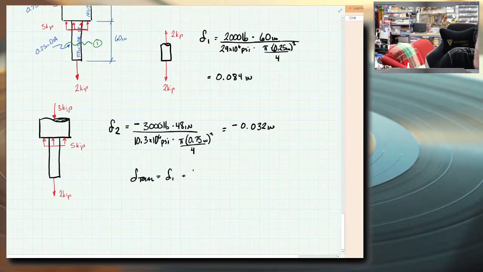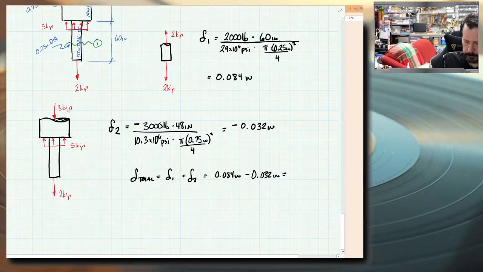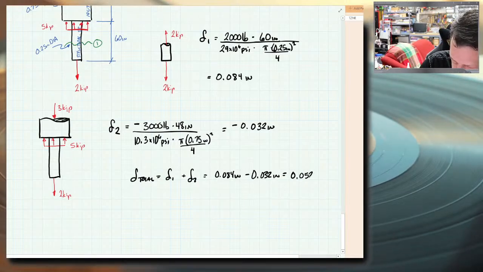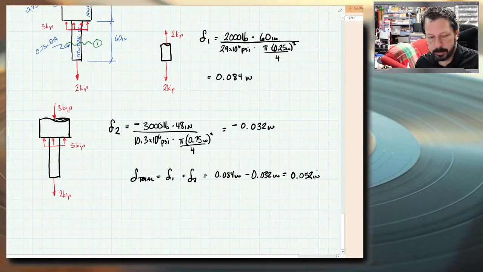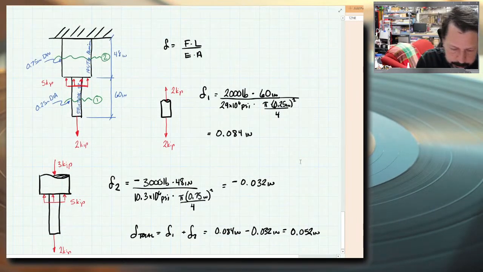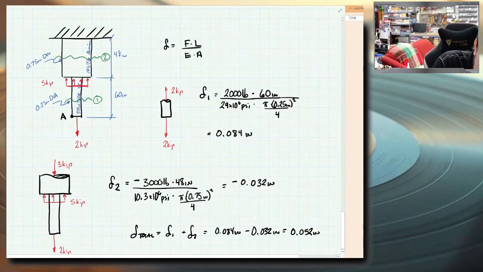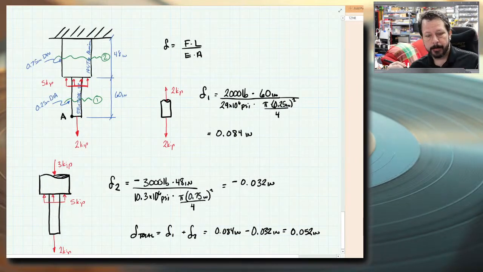So the total change in length from top to bottom of our composite fixture, delta total, is delta 1 plus delta 2, which is 0.084 inches minus 0.032 inches. So overall, point A at the very bottom does move down, but it doesn't move down by the total amount that section 1 stretched.